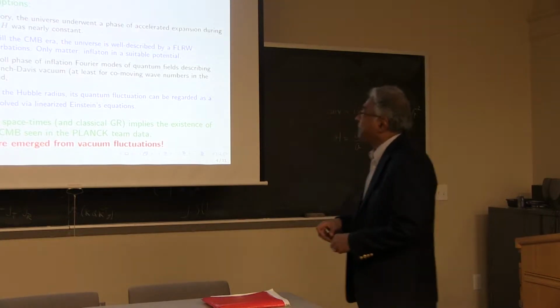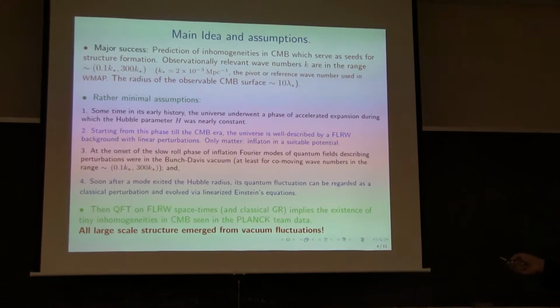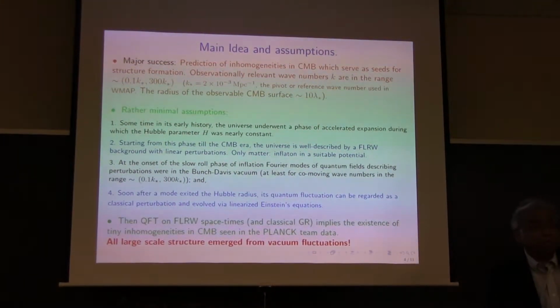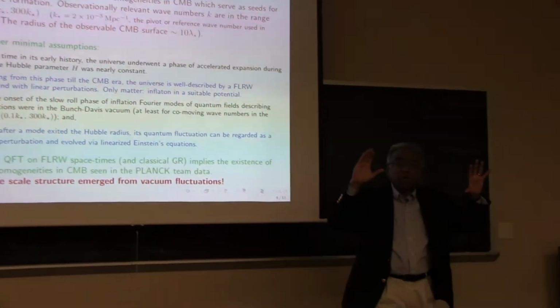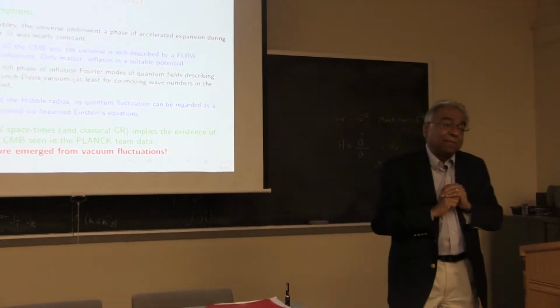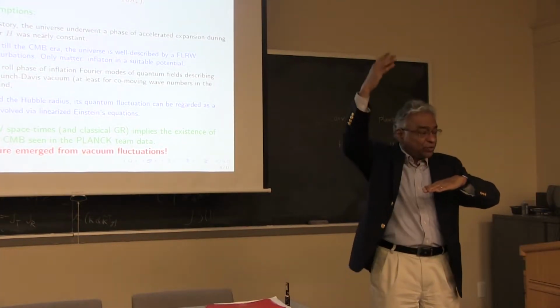So starting from this phase until the CMB era, at the onset of slow roll inflation, the quantum fields are in the Bunch-Davies vacuum. But actually, as far as observations are concerned, we don't have to worry about all Fourier modes, because in the Fourier expansion, we got modes from k equal to 0 to k equal to infinity.